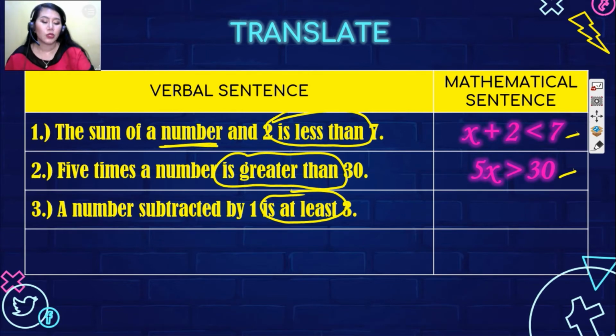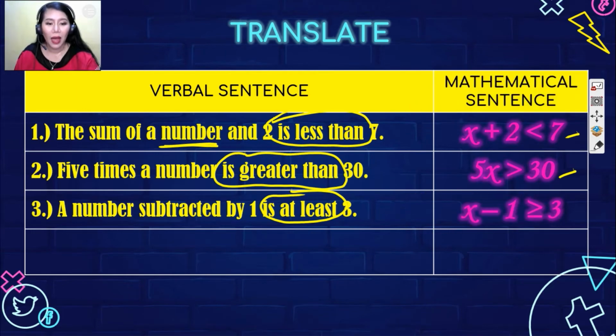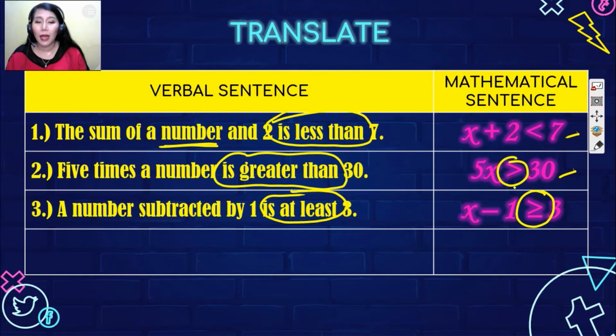Okay? So, in its inequality form, we're going to have x minus 1 is at least 3. Ayan. So, itong is at least na to ay katulad lang siya ng symbol na is greater than or equal to. So, parang ganito siya, pero merong isang equal lang dun sa ilalim. So, we read it as is at least or is greater than or equal to.